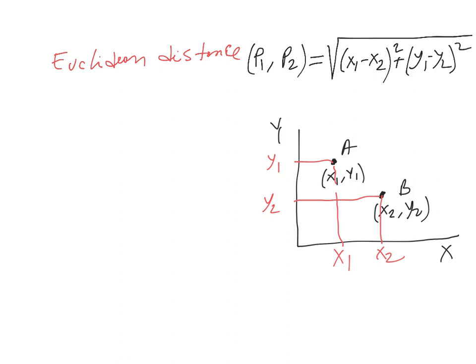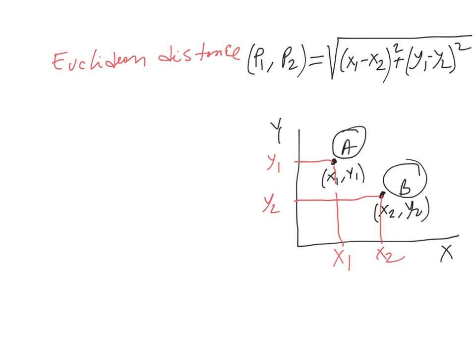So that's the formula of my Euclidean distance. Basically we're measuring the distance between point A and point B, and each point has two coordinates because it's two-dimensional, an x value and a y value.